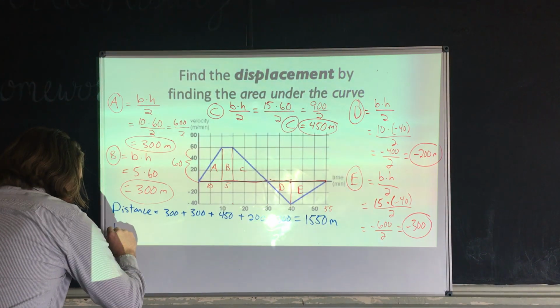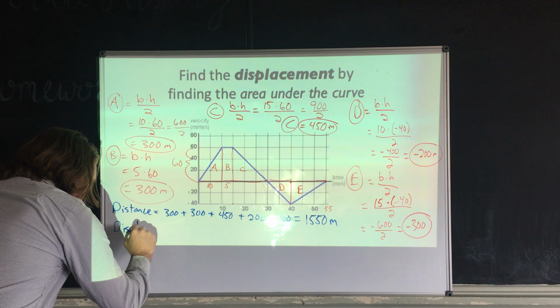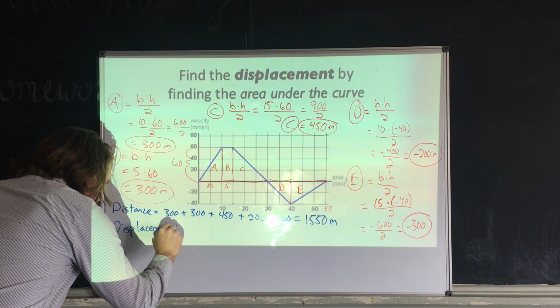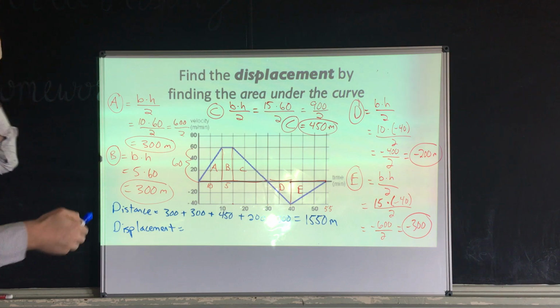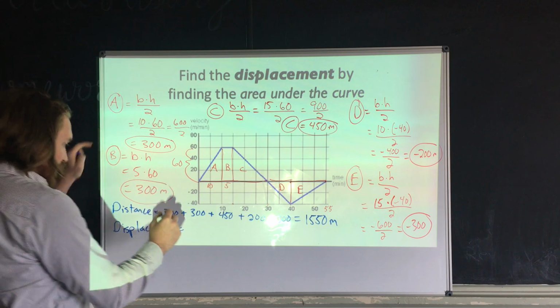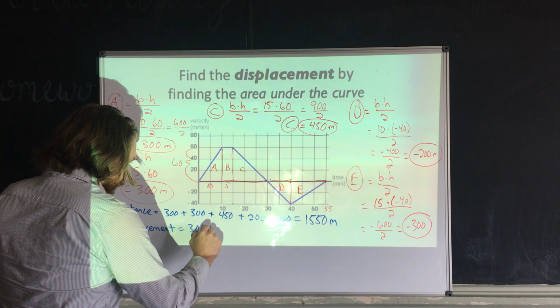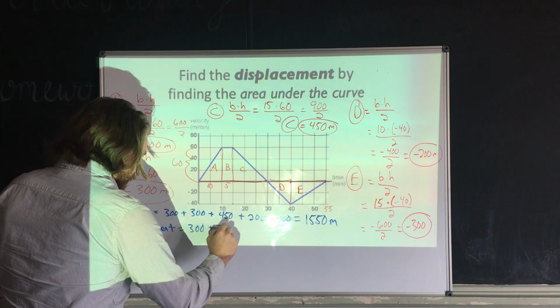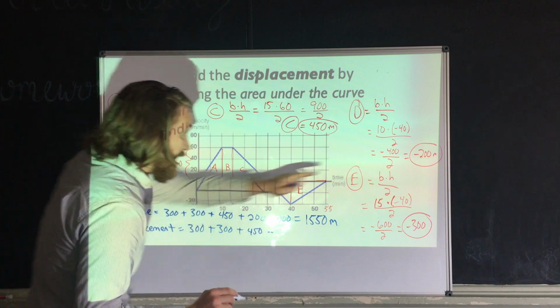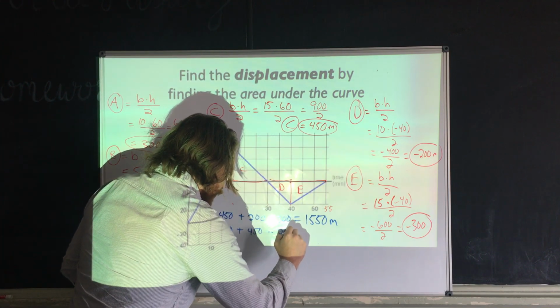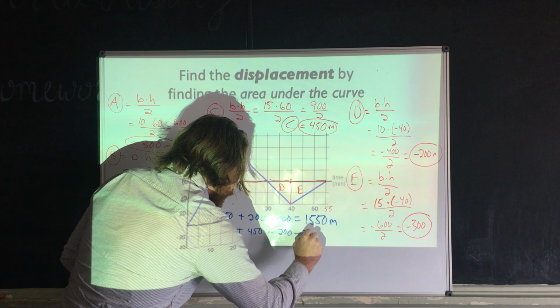If you want to know displacement, well, displacement can be negative. So it's the exact same, except we're going to add the negative. So now it's positive 300 plus positive 300 plus positive 450 minus 200 minus 300.